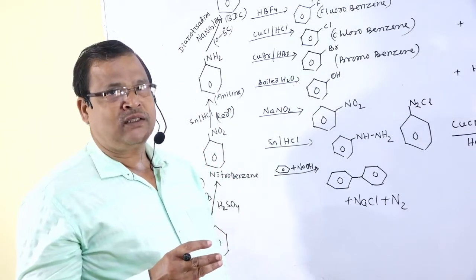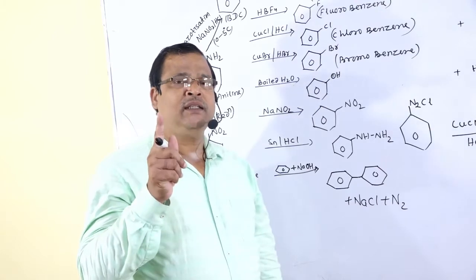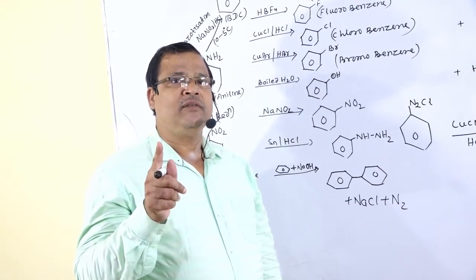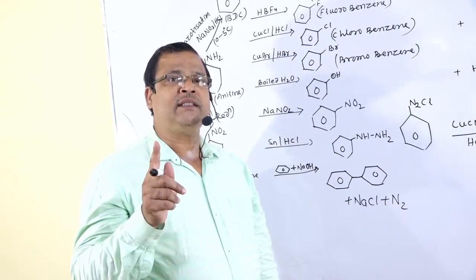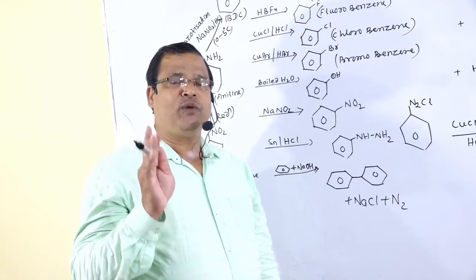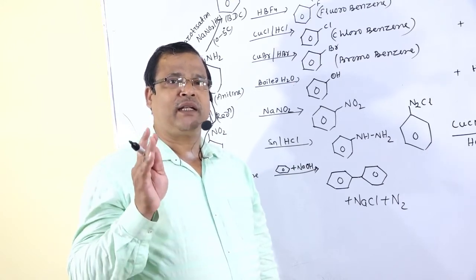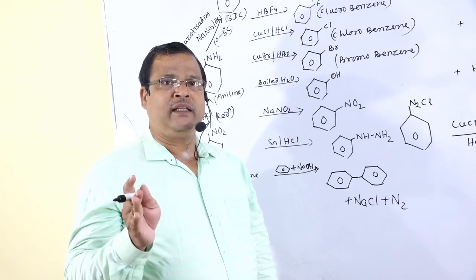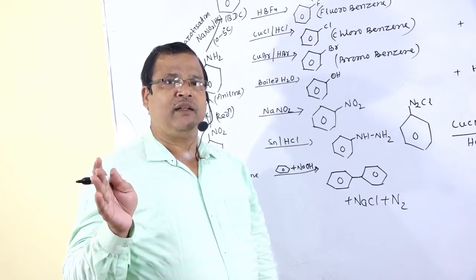What are those methods? First one is the Fittig reaction: chlorobenzene or bromobenzene treated with metallic sodium in dry ether, giving biphenyl.